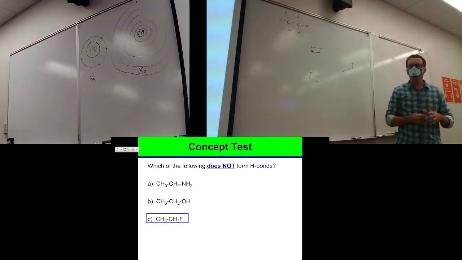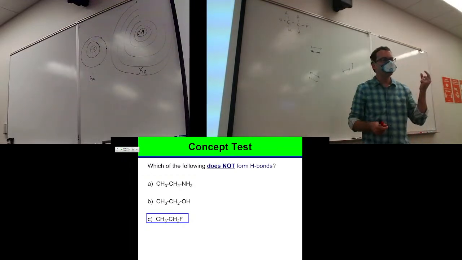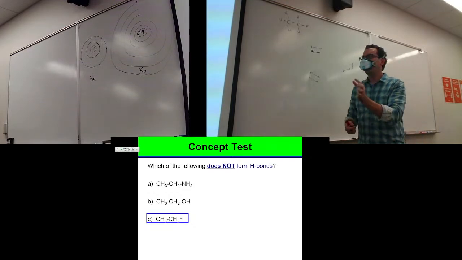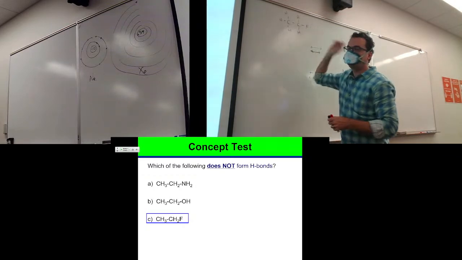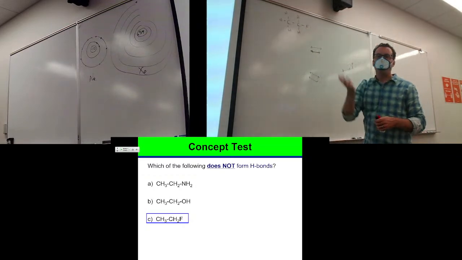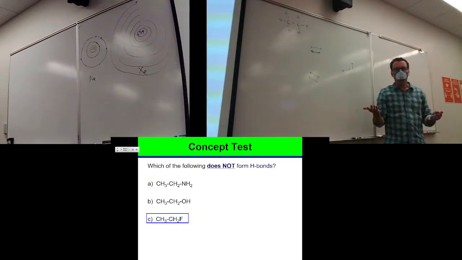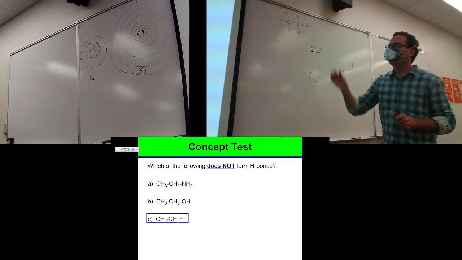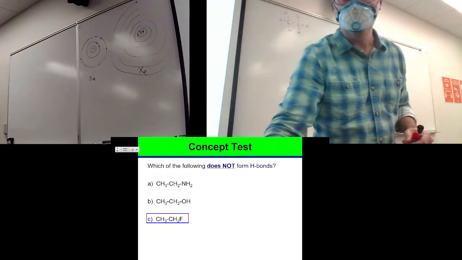The requirement for hydrogen bonding to occur with other molecules is you need to have an FH bond, an OH bond, or an NH bond. I do not have an FH bond. I've got an FC bond. For fluorine, really the only molecule that does hydrogen bonding is HF, because fluorine can only make one bond. But for OH and NH, those are everywhere, so you'll see that more commonly. Okay?